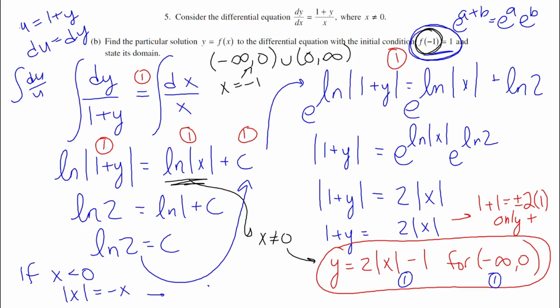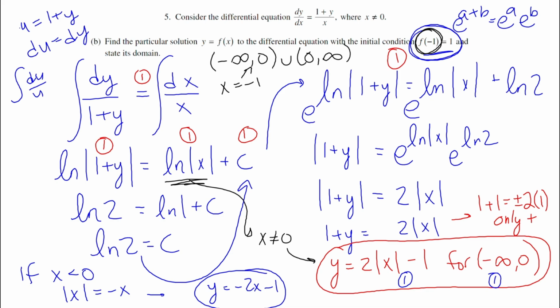So we could use y equals negative 2x minus 1. This would also be an acceptable answer here for negative infinity to 0, or you could say for x less than 0. So either way you choose to write it is good.